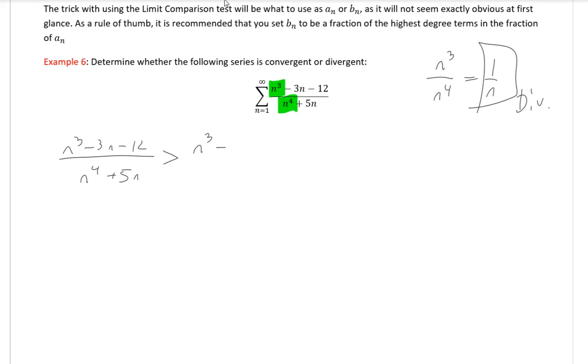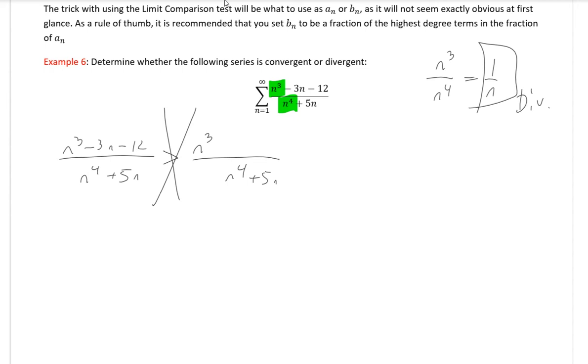For example, n cubed minus 3n minus 12, if I take out 5n and have n to the fourth, this is not true. 5n makes the denominator over here larger, which makes the overall value smaller. So that doesn't work. And also, if I kept 5n down here and I took out the top two terms, or even just one of them, this is also not true. Because the top has some subtractions on the bottom, which overall makes it smaller.